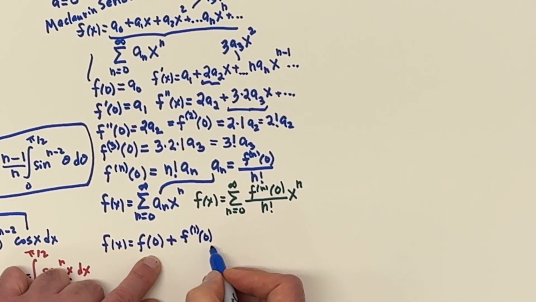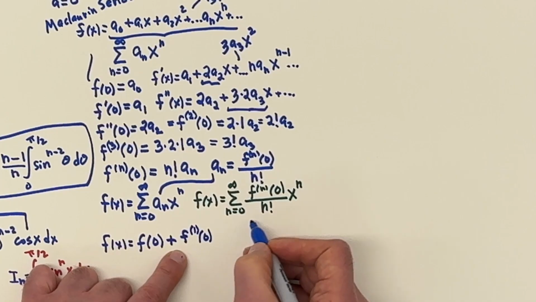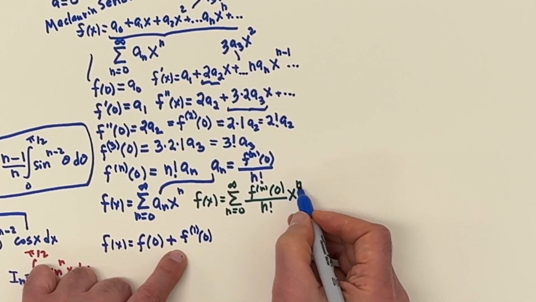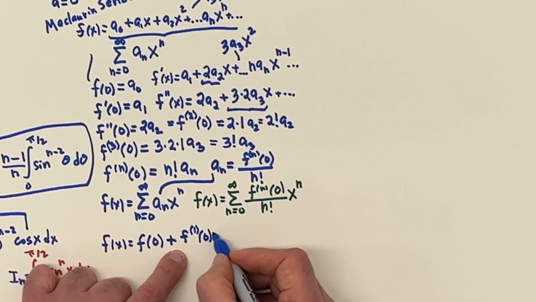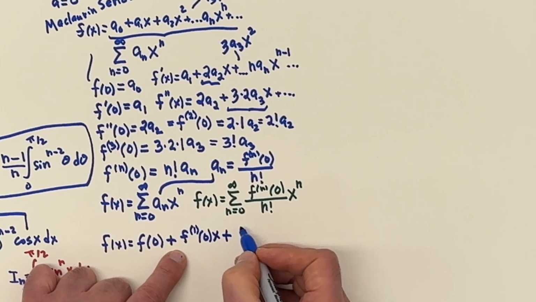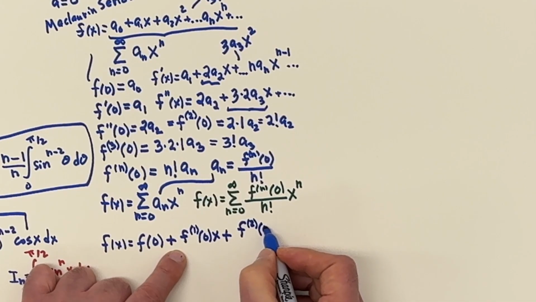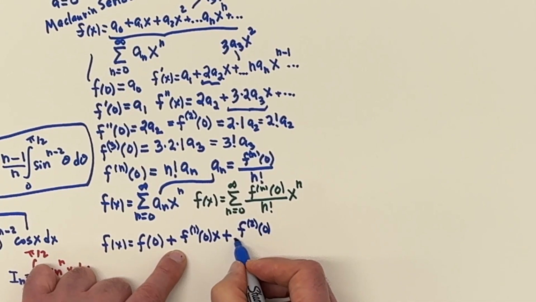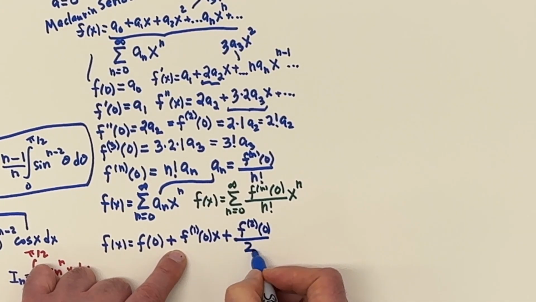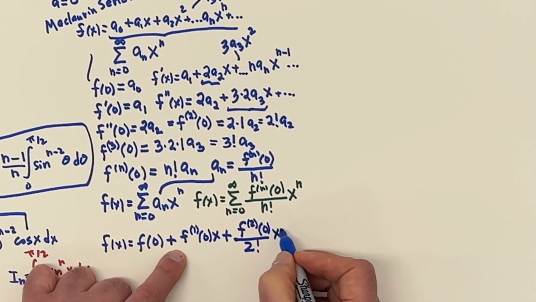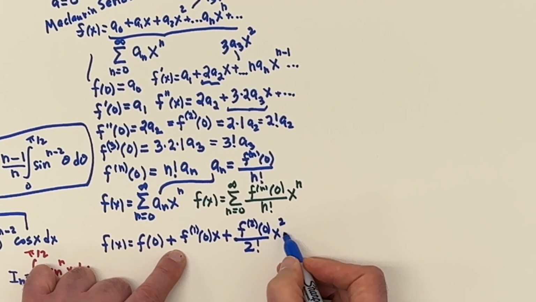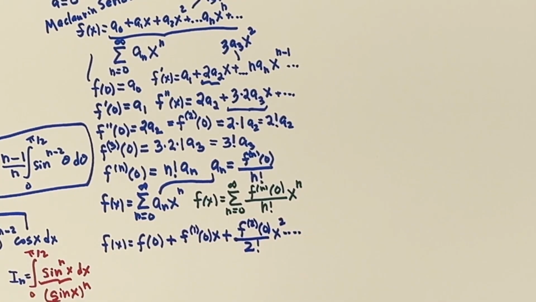And that's going to be divided by 1 factorial, which is 1, and x to the first power is x. Then the next one would be here the second derivative evaluated at 0, and this would be over 2 factorial, and this would be x squared, and so on.